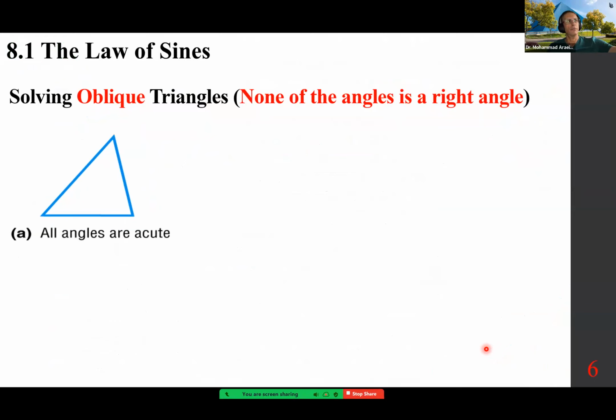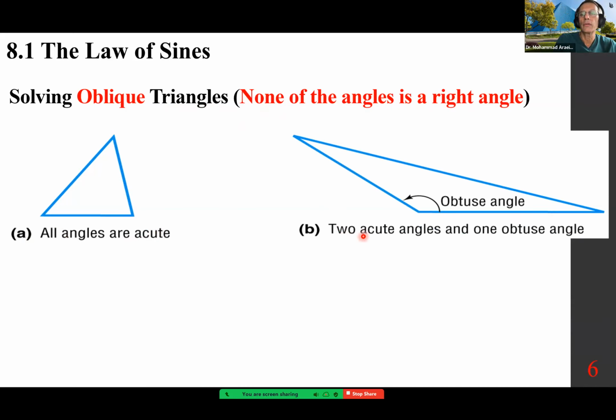Now, solving oblique triangles. What is an oblique triangle? It's a triangle in which none of the angles is a right angle. If you look at this one, all angles are acute, meaning between 0 and 90 degrees.